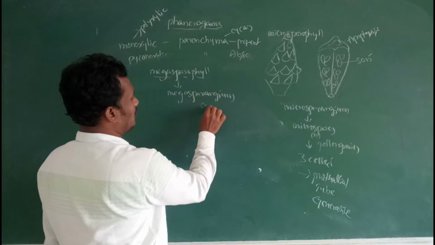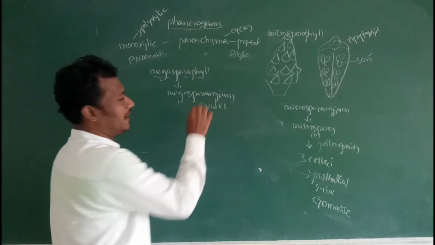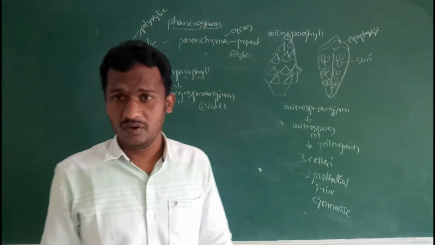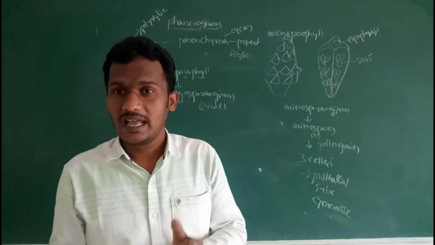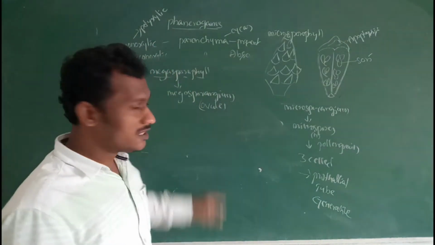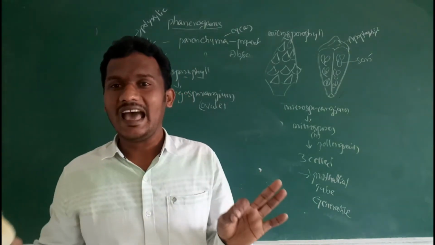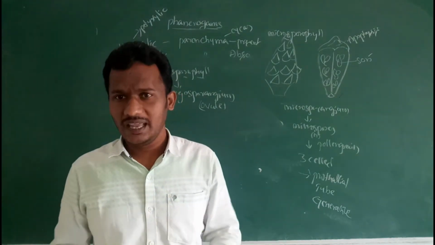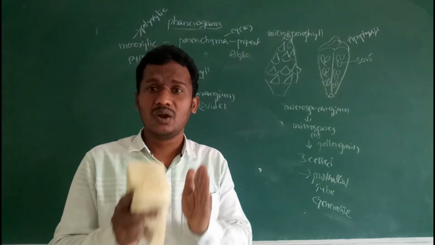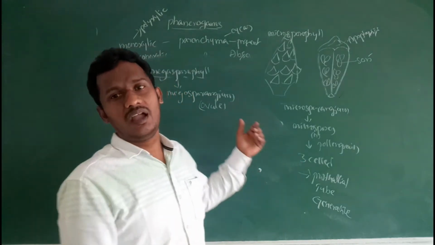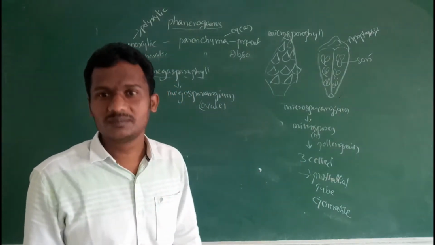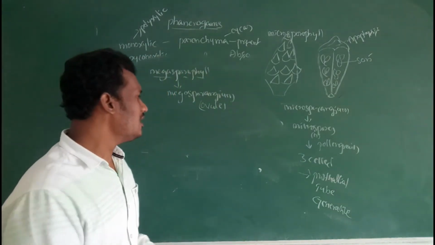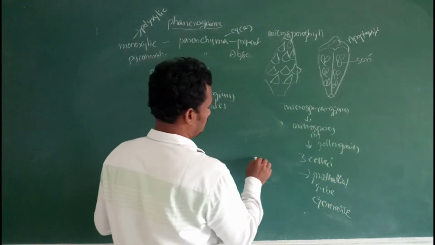Megasporangium is nothing but the ovule. So megasporangia are present on the megasporophyll in a loosely arranged condition. There are 2 to 6 pairs of ovules or megasporangia on the megasporophyll.